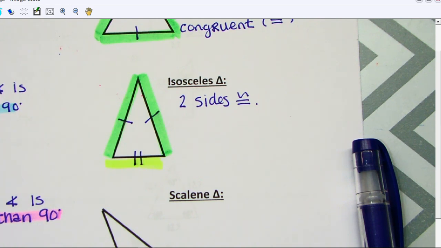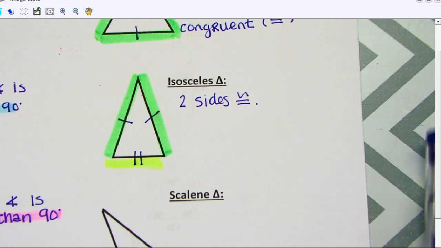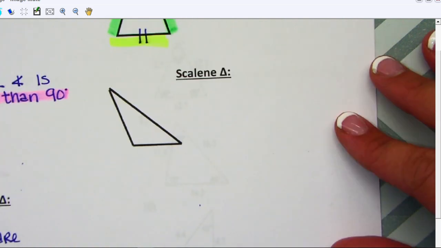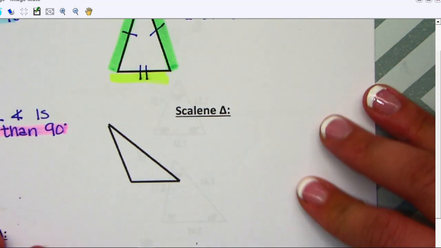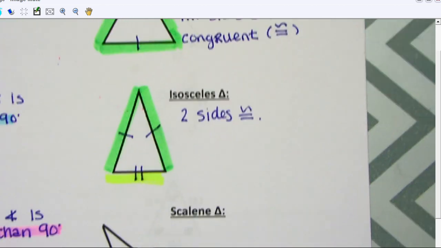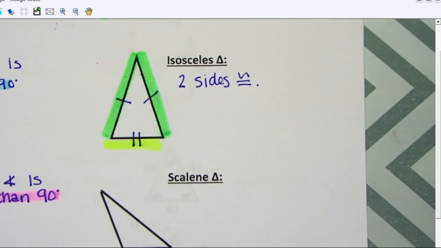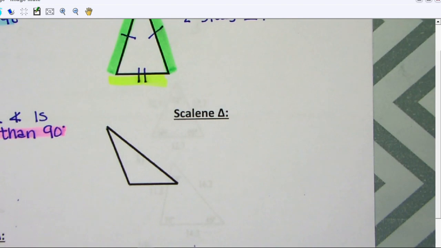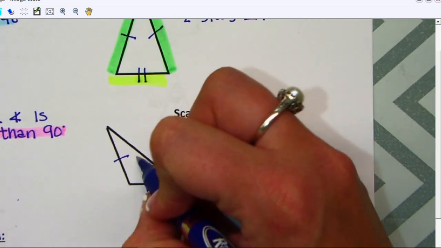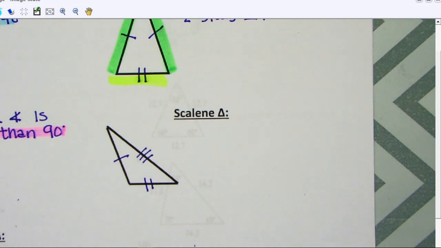All right. What do we think scalene is? No sides are equal. So how do we draw no sides are equal on our sides? Good. One, two, and three. Good job. See, y'all remember something from junior year. Sorry, my camera is hard to control. All right, there we go. So I'll put one here, two here, three here. It doesn't matter, but you don't want any repetition.